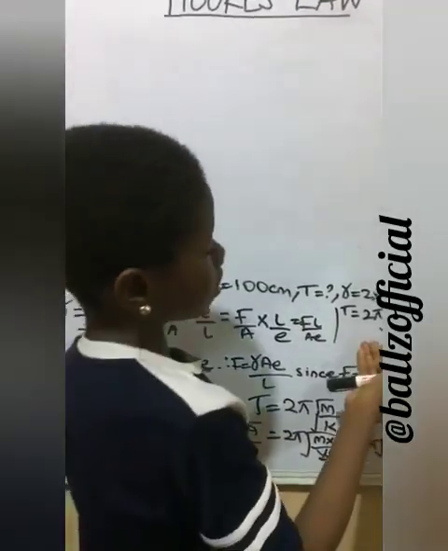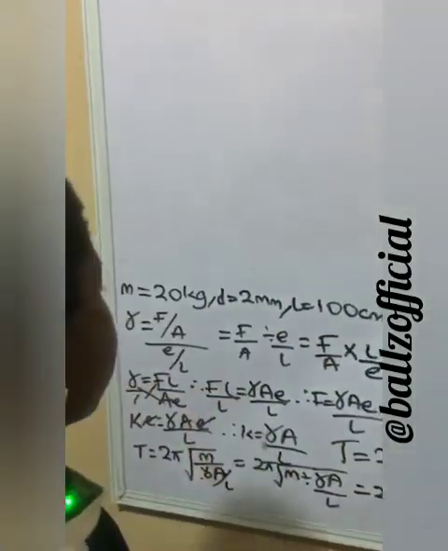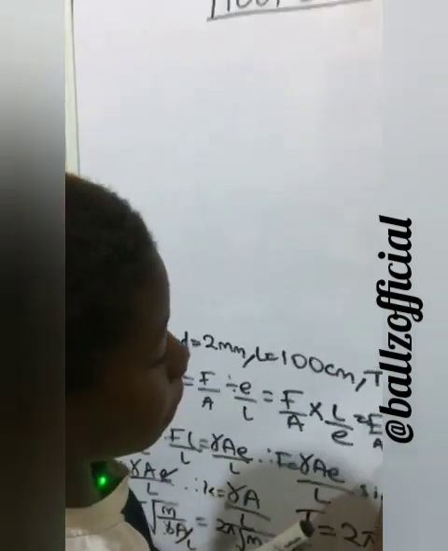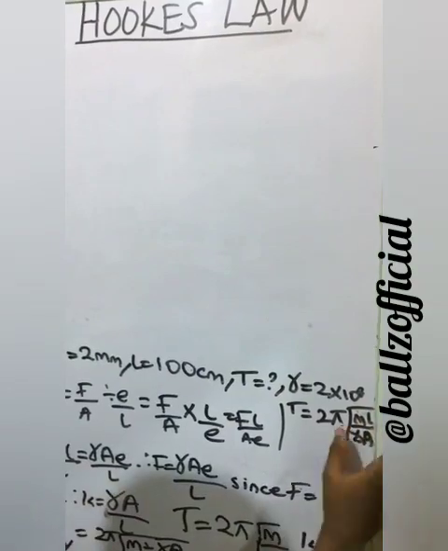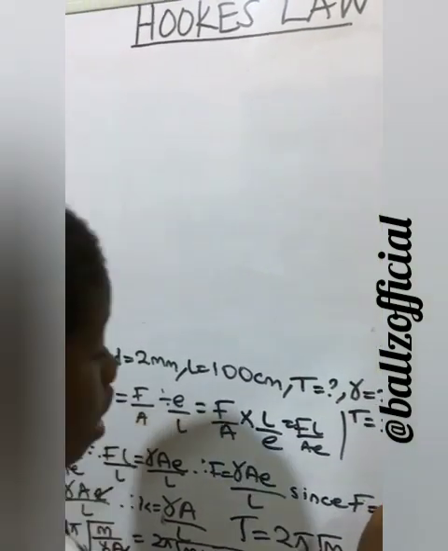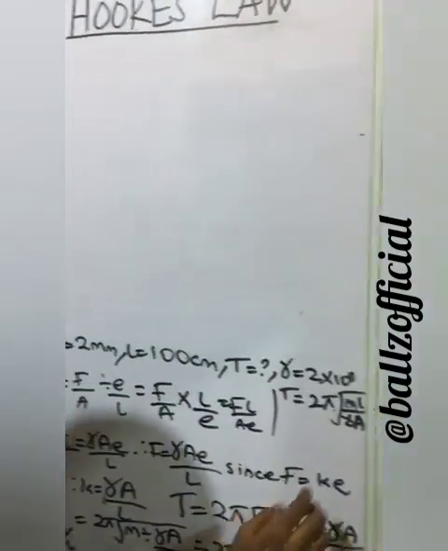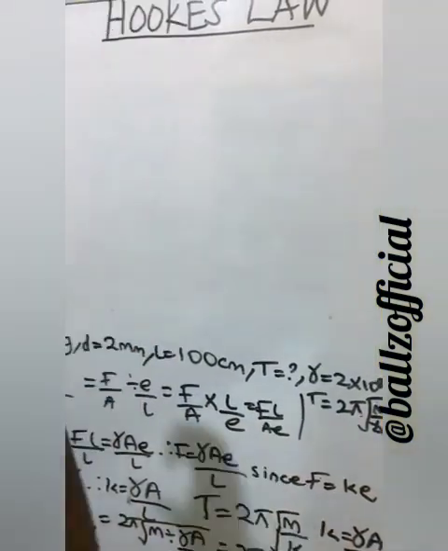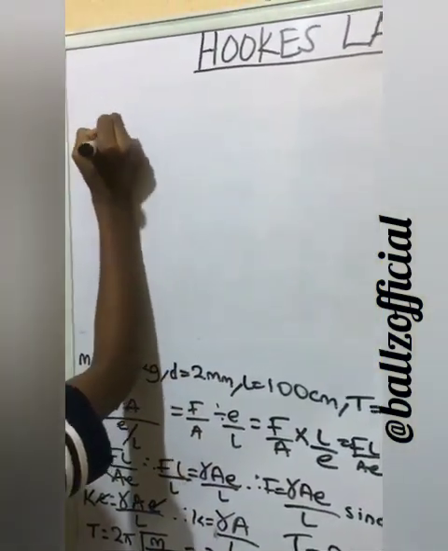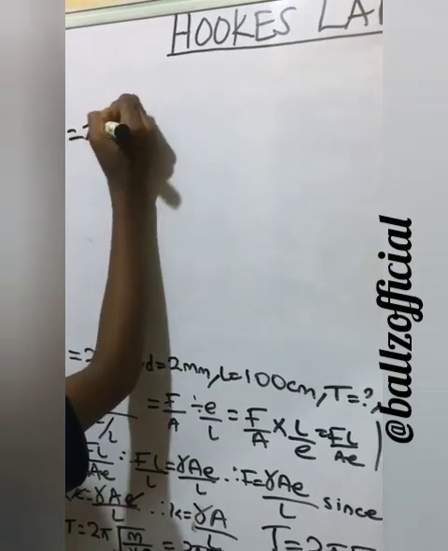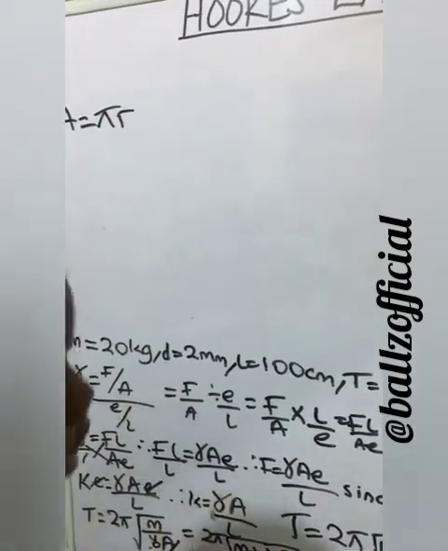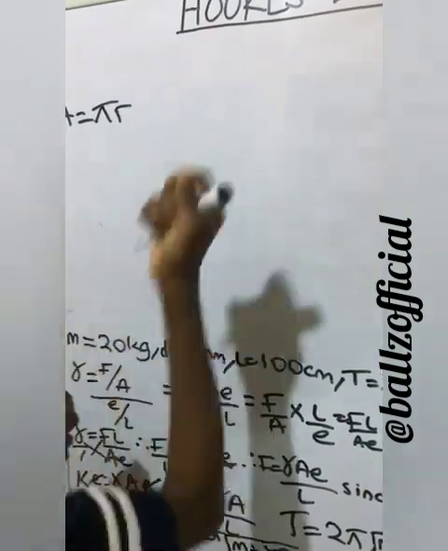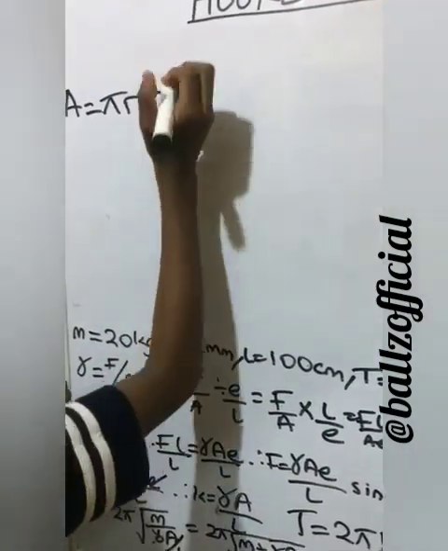We are going to be using this formula to solve the question. It says period is equal to 2 pi root mass times length all over Young's modulus times area. We have to get the area. Since it's a cord with circular cross-section, we are going to be using the area of a circle, which is pi r square.